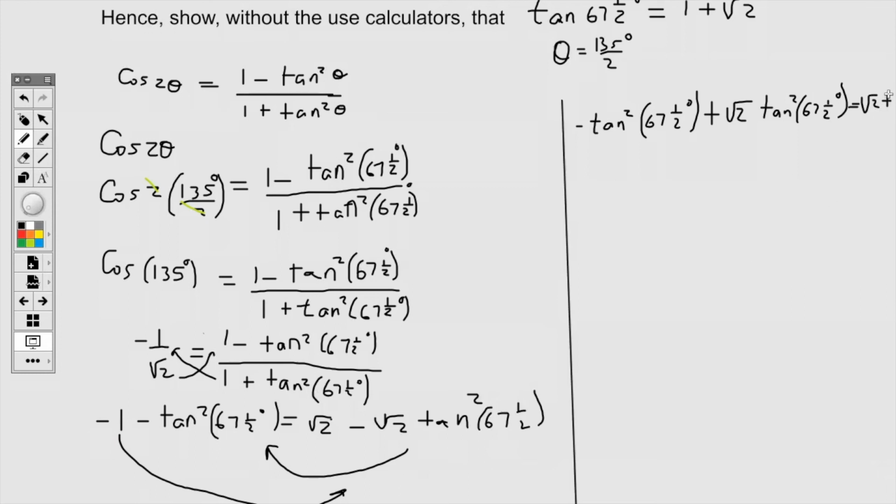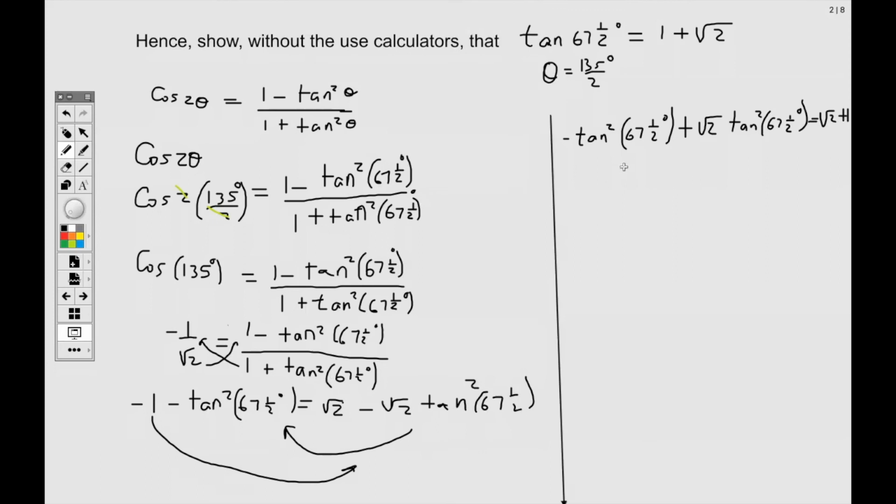Carried over this over the equal sign, so it becomes positive, and the minus 1 over the equal sign, so it becomes positive.